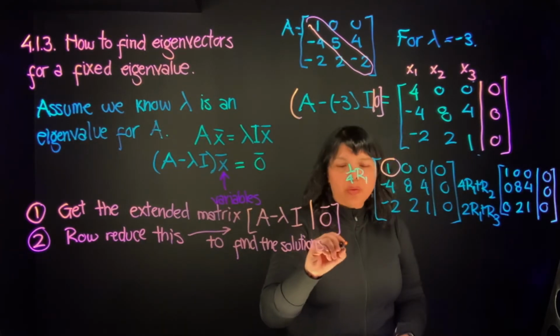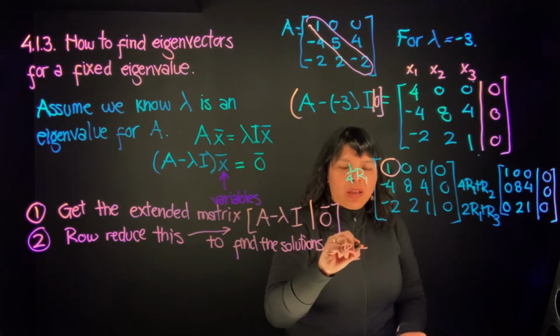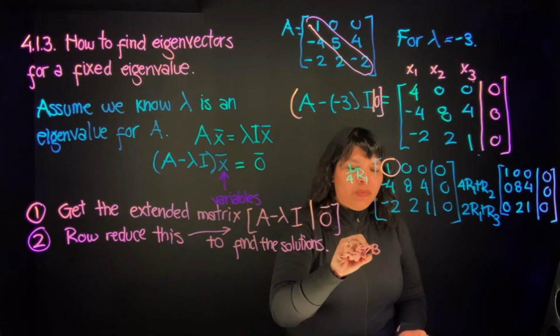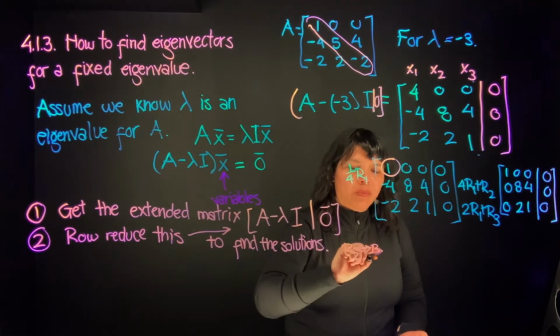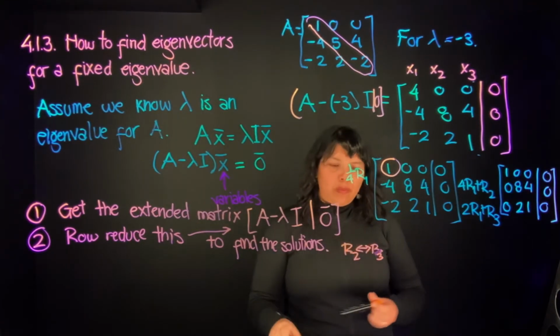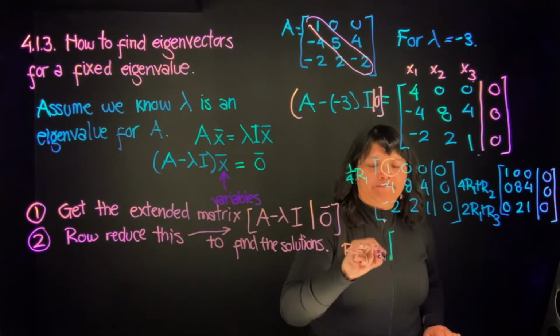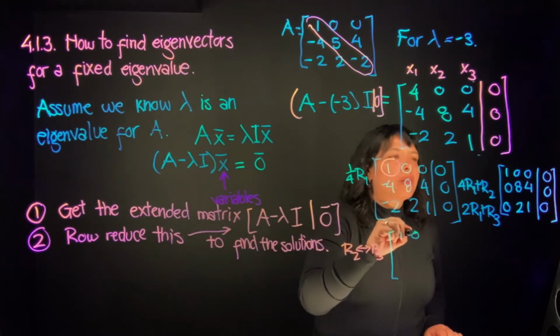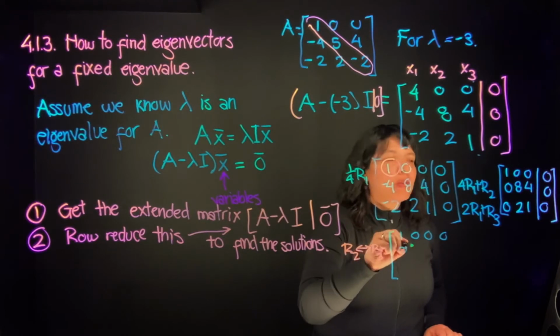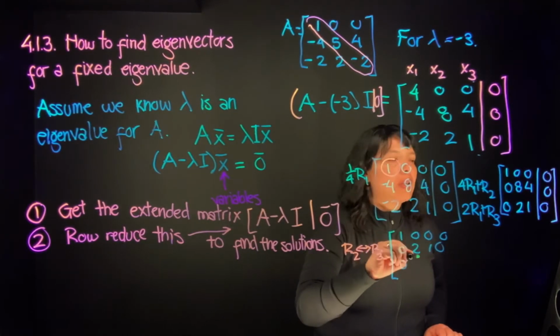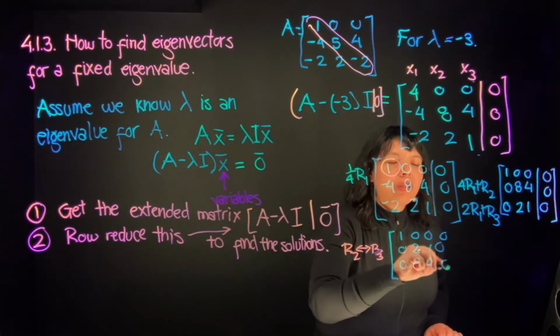So I'm going to switch row 2 and row 3. And I get 1, 0, 0, 0, 0, 2, 1, 0, 0, 8, 4, 0.